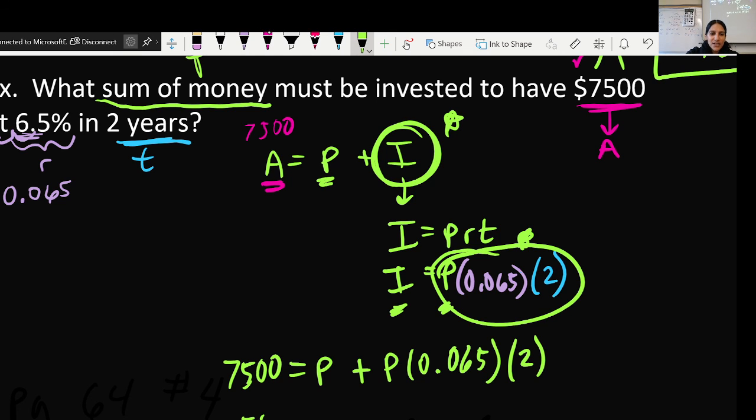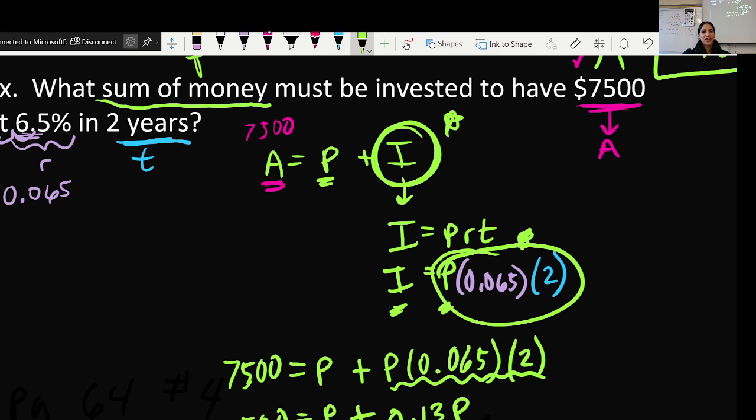So 7,500 equals P plus, can we clean this up a little bit? Could we do something to simplify just that term? Yeah, we can multiply these two together. Do you see we could do 2 times 0.065 and we would get 0.13P.